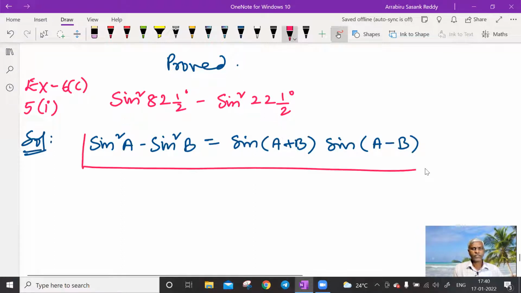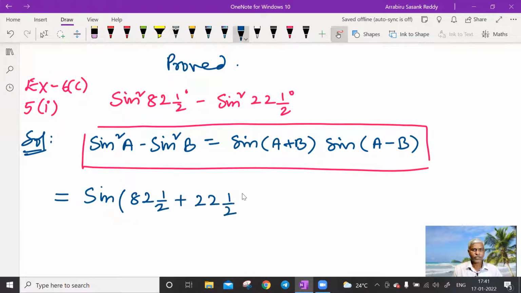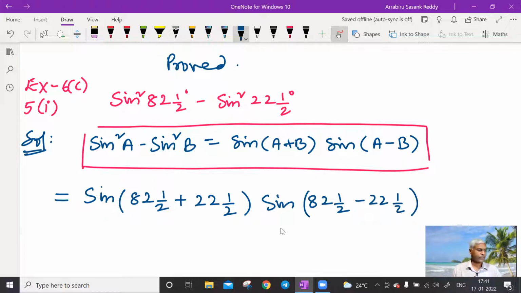So using this formula, you can write sin A plus B, 82 and a half plus 22 and a half, into sin A minus B, 82 and a half minus 22 and a half.